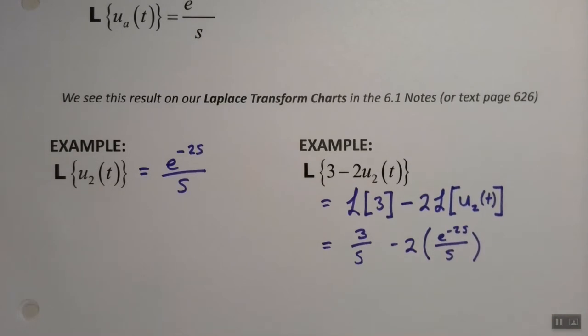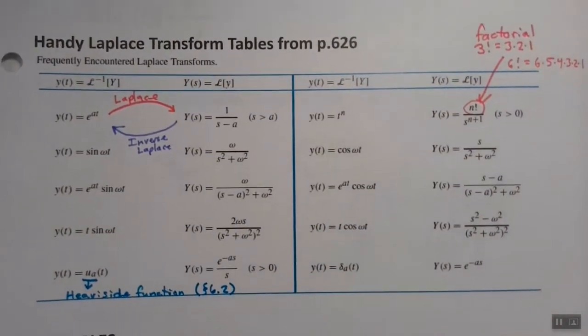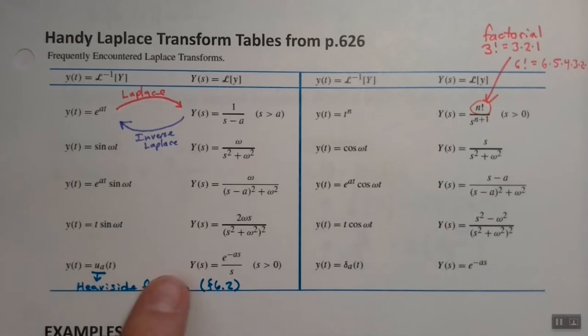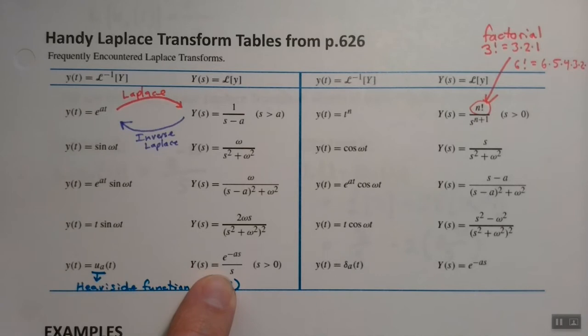So for these, they weren't too bad because we had the Laplace transform of really just a constant times the Heaviside function. But things can be more complicated. So for example, if you take a look at our table from before in the notes, you'll notice we've got our formula for the Heaviside function, but you also might notice that there are a whole bunch of other types of things that we're going to run into.